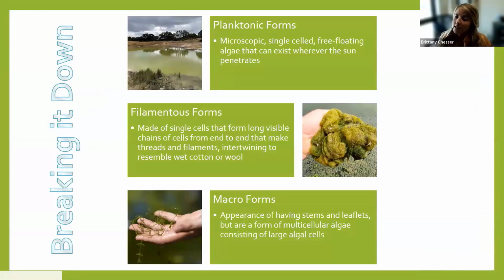Filamentous algae are made of single cells that form long visible chains, cells from end to end that make threads and filaments, and they all intertwine, and sometimes they resemble wet cotton or wool. Our macroalgae have the appearance of having stems and leaflets, but they are a form of multicellular algae, and they just consist of large algal cells.